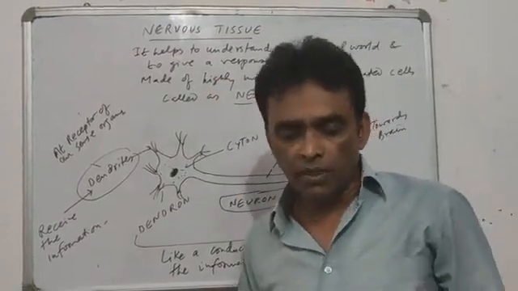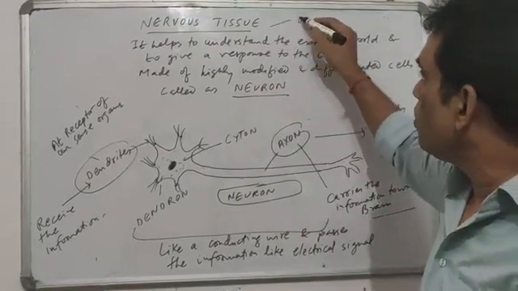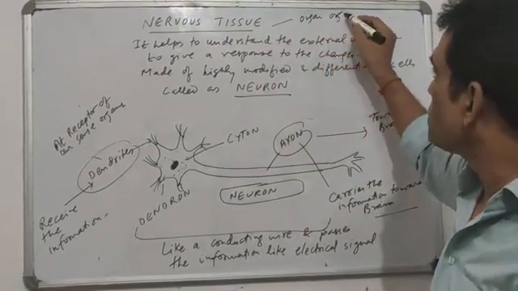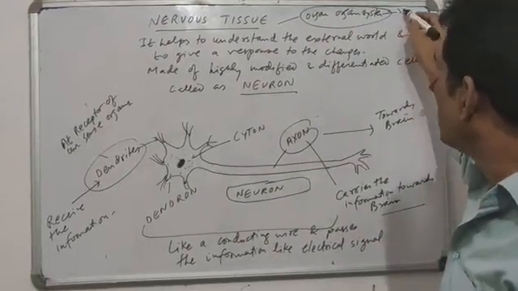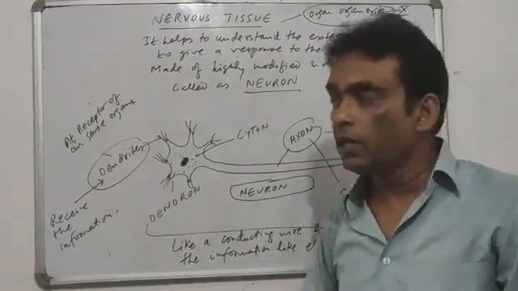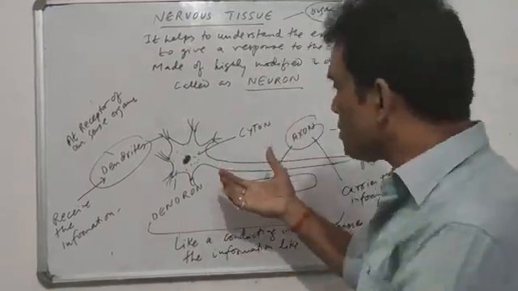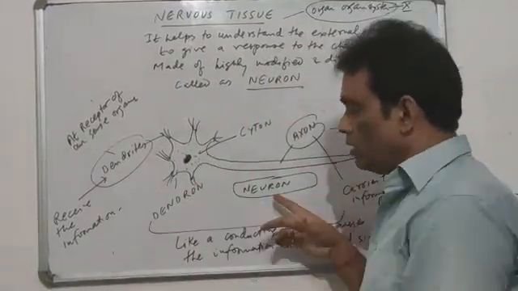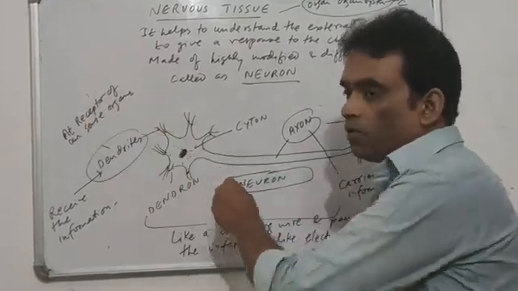It is made up of cells. We will go into further detail of the tissues forming the organ and organ system, the nervous system, and all those things in 10th standard. But right now, understand that nervous tissue is made up of a special elongated wire-like cell called a neuron, which receives the information from outside.